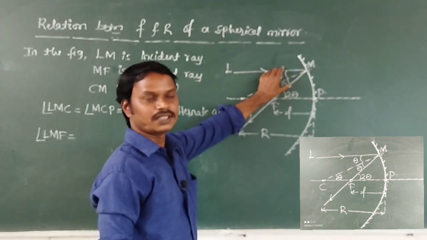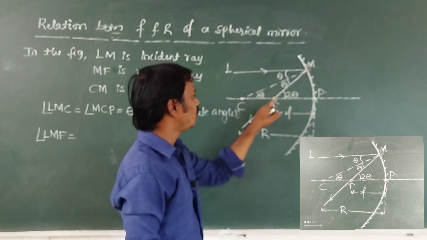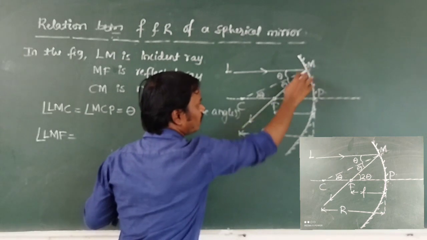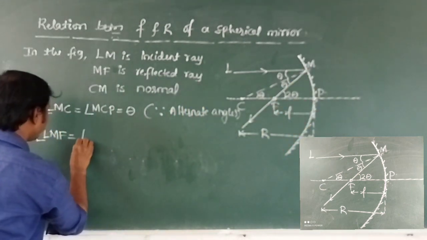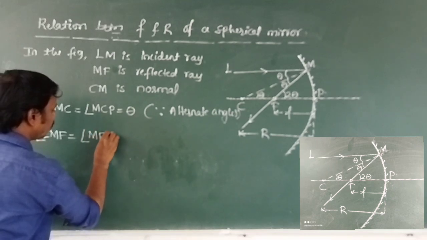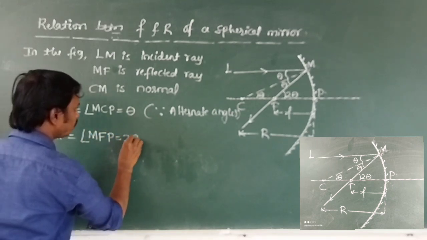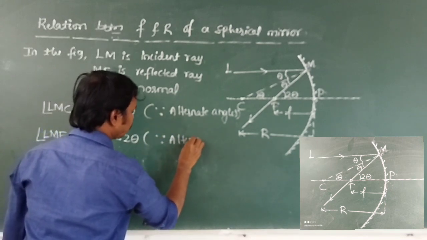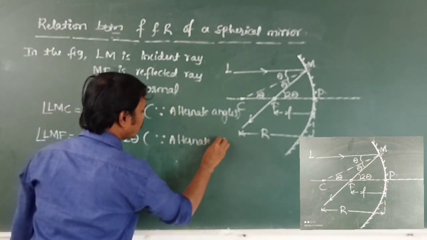That is 2 theta. Then angle LMF is 2 theta. And what about angle MFP? That is also 2 theta, because those are alternate angles.